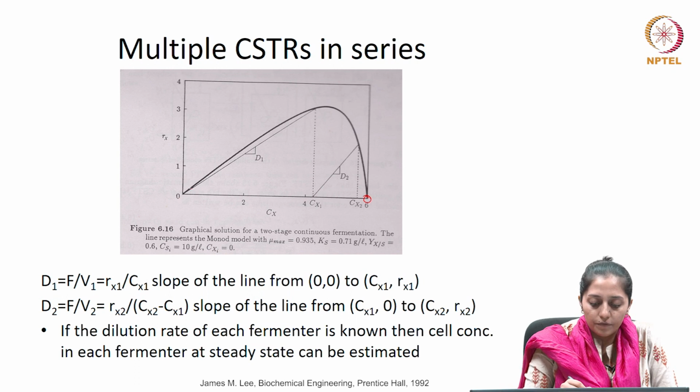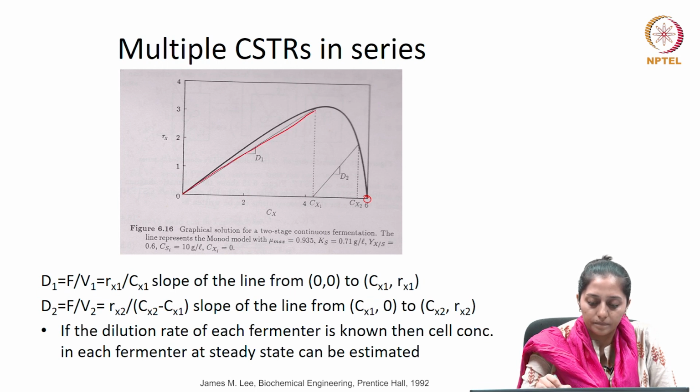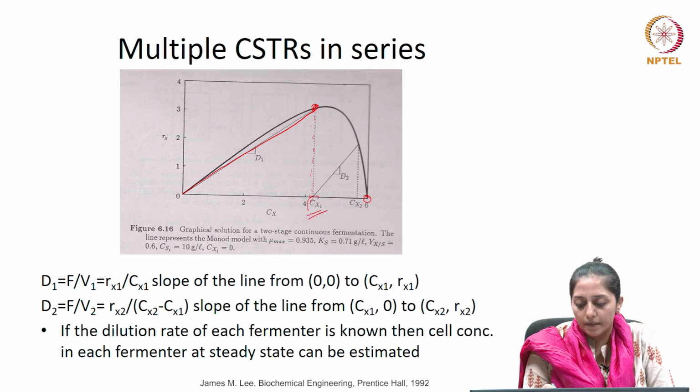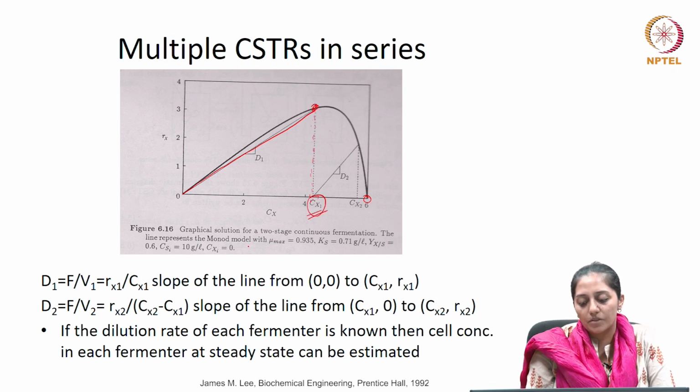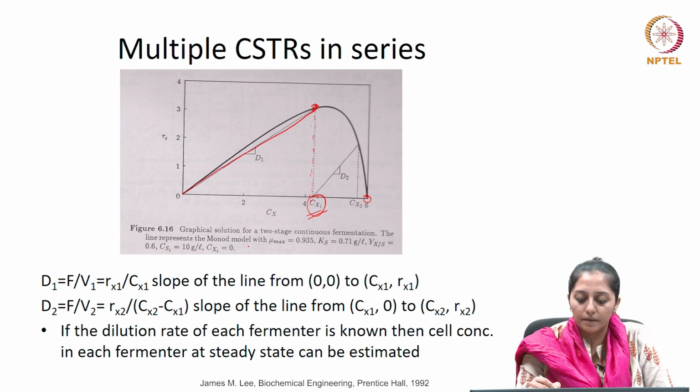Now if this one CSTR can be divided into a series of CSTRs, multiple CSTRs, then for the first reactor, if the dilution rate D1 is known, which is nothing but the slope of this line, then wherever this line cuts this curve, we can determine the exit biomass concentration from that particular reactor.